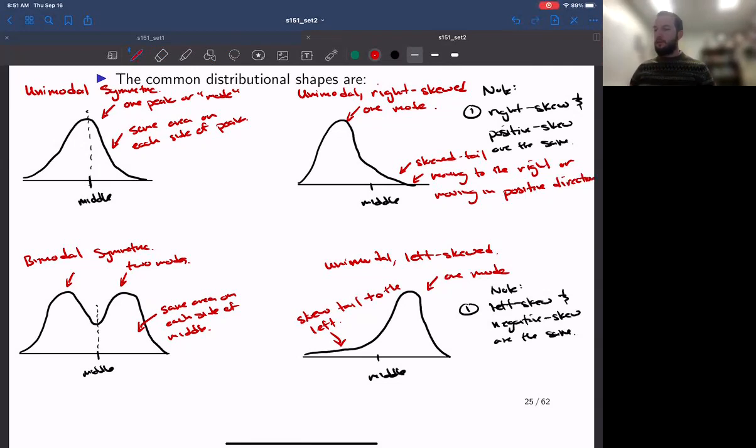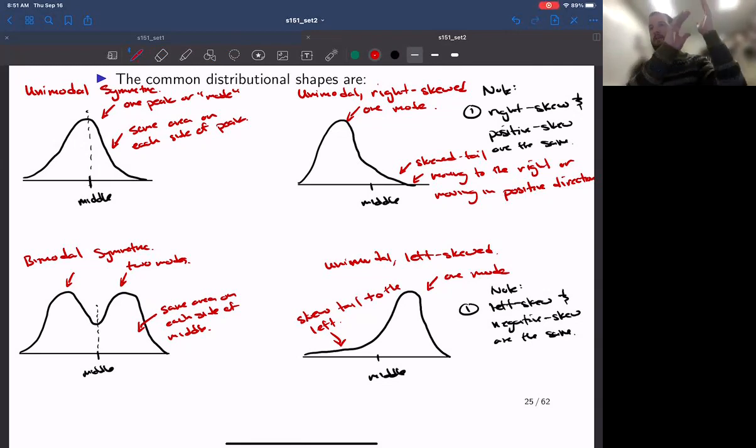Okay. So these are the common shapes that we're going to be dealing with throughout the class. The unimodal shapes more so than anything else, but there might be a couple of bimodal or trimodal objects that pop up from time to time. One of the questions that might come up is, how do you tell direction of skewness based off of a bimodal distribution? Typically, what I would do is base it off of the dominant mode.